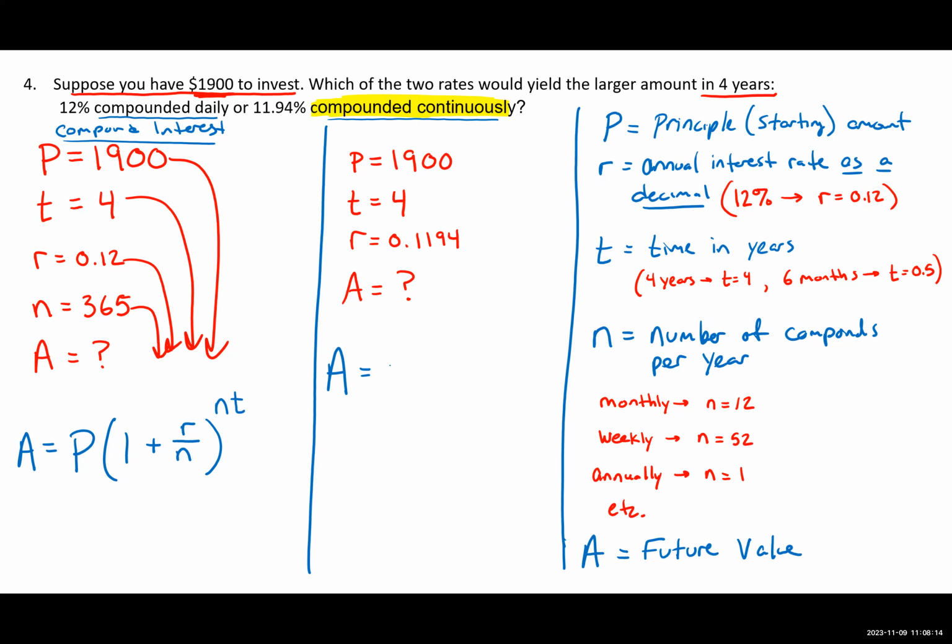But as the number n gets infinitely large, this formula on the left becomes P, still multiplied by something larger than 1, but we're going to utilize the natural exponential base, the number e, raised to the power of r times t.